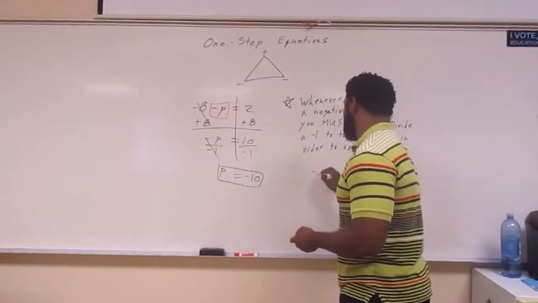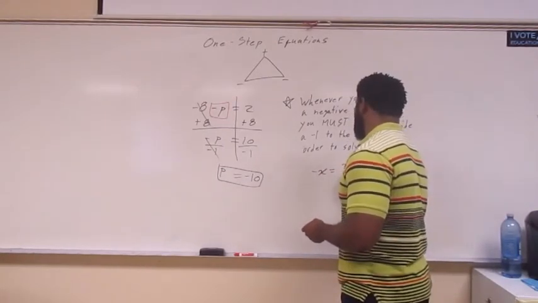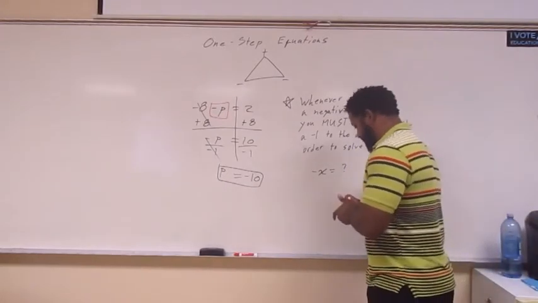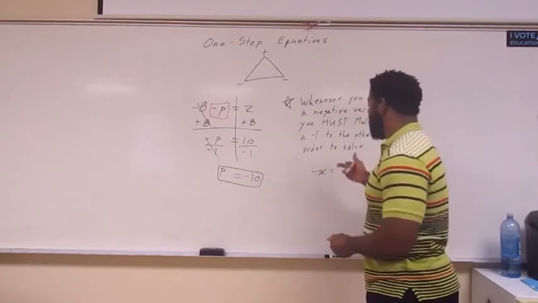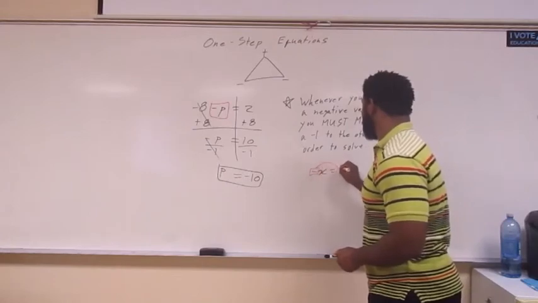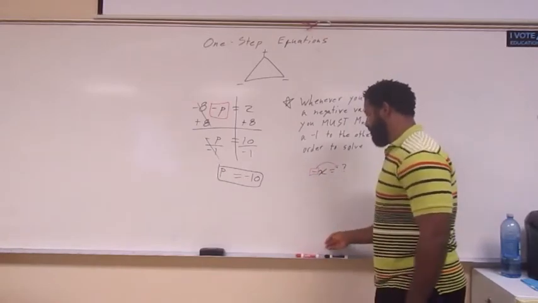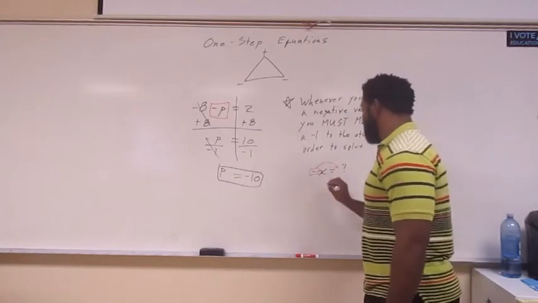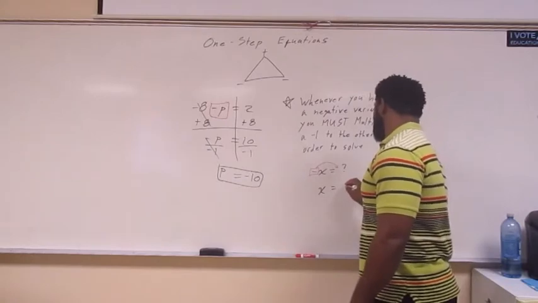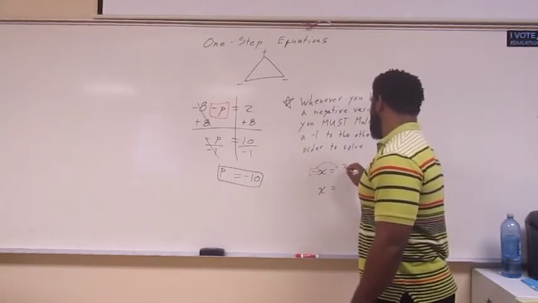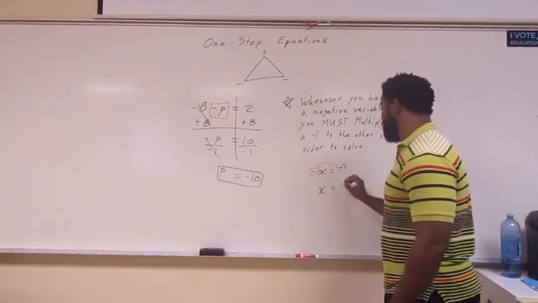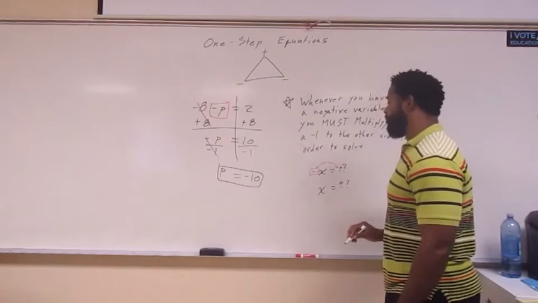If you have a negative next to a variable equal to whatever number, all you do is take that negative and move it to the other side. That way, your variable will be equal to whatever plus or minus that number will be.